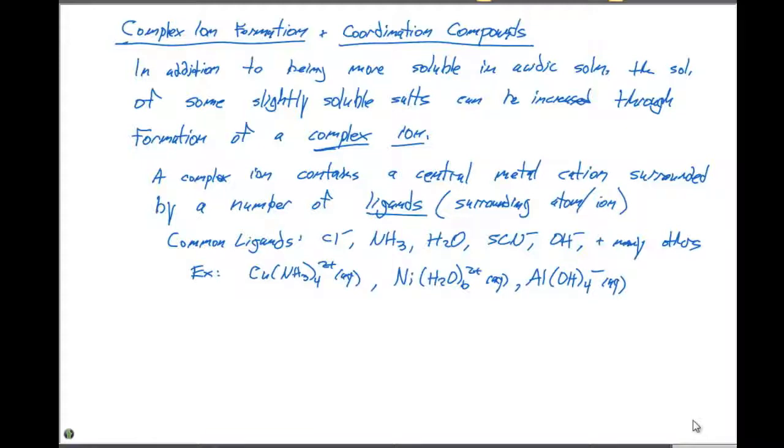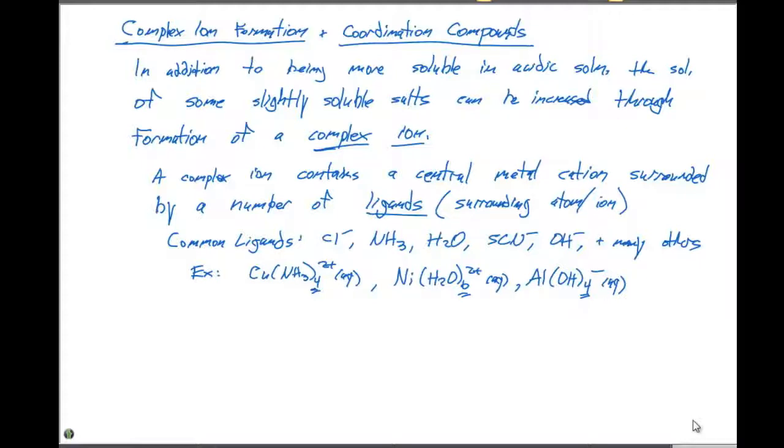And there are tons of examples of complex ions. This is typically what they look like. You have a transition metal center, and you have a number of ligands. There could be 4, there could be 6, there's 4 in this case. We can surround these transition metals with anywhere from 2 to 6 ligands.